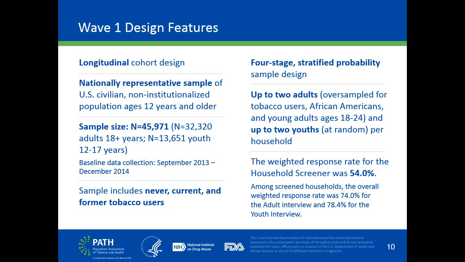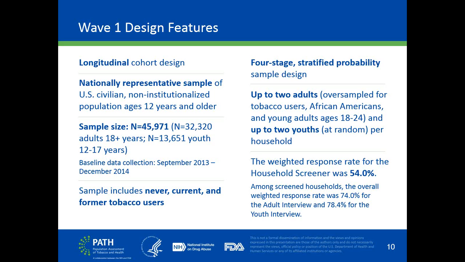The wave 1 data collection took place from September 2013 to the end of 2014. There is a 4-stage stratified probability design. The bottom line is when we go and screen households, up to 2 adults are potentially sampled.